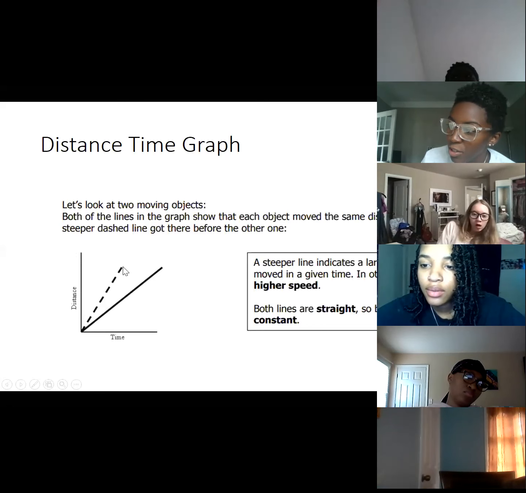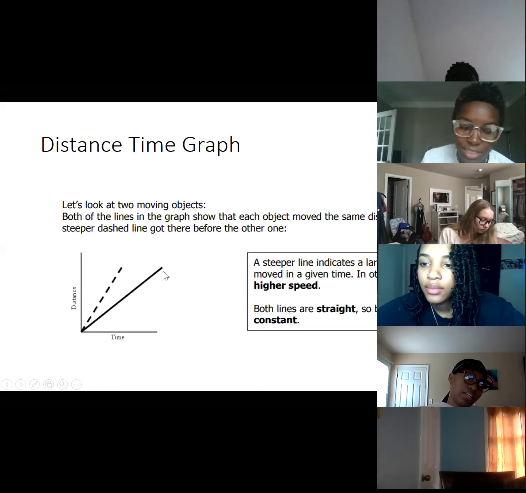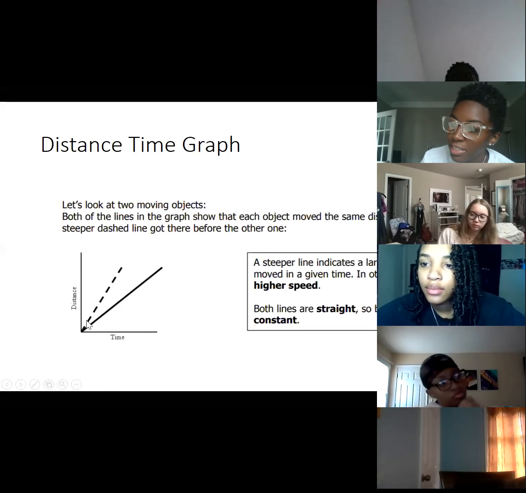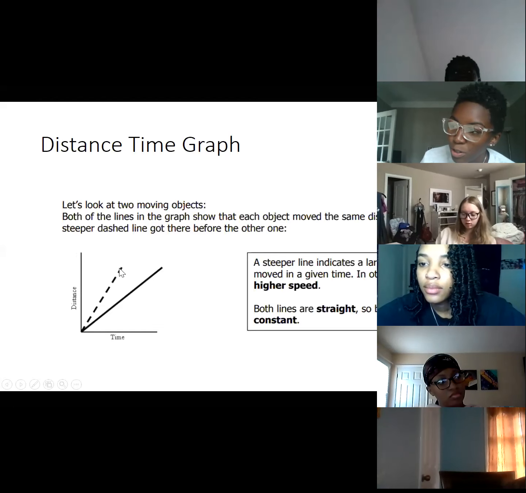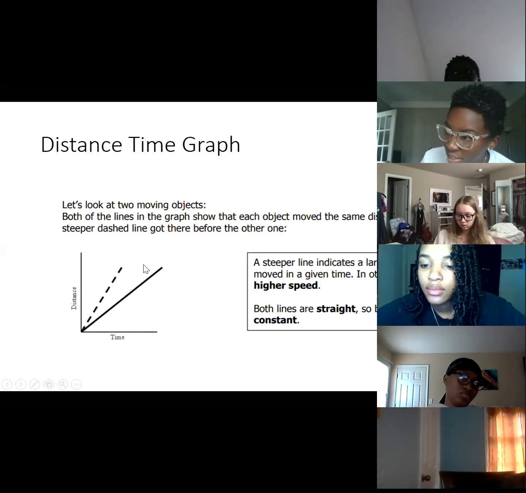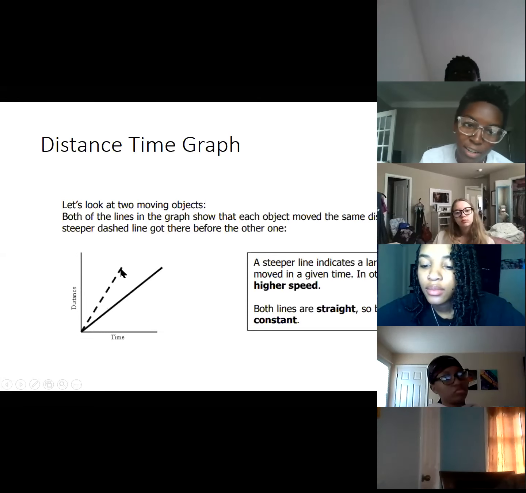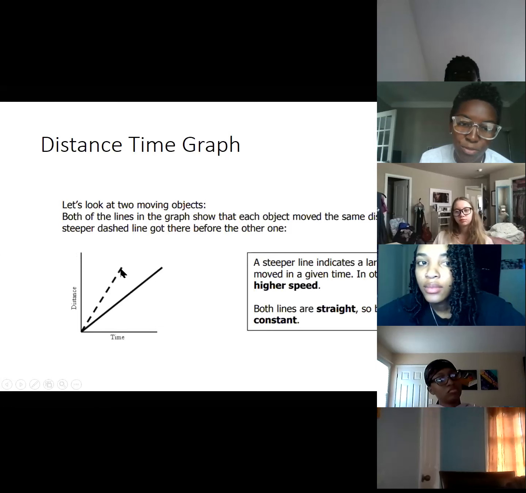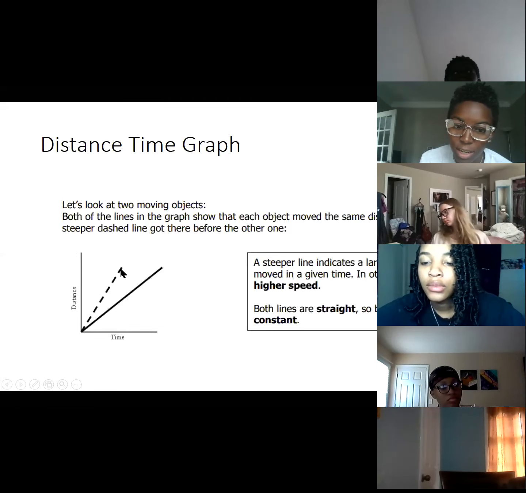So which one do you think would be moving faster, the dashed line or the solid line? The dashed line, right? They're getting to the same place as this line, but in a shorter amount of time. If this is hours down here, they got to the same spot, but this one got here way faster. So it must be moving faster.